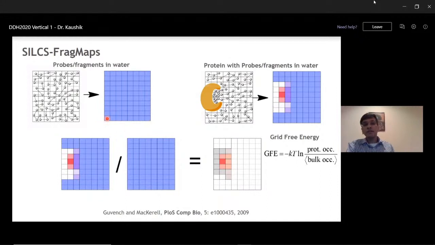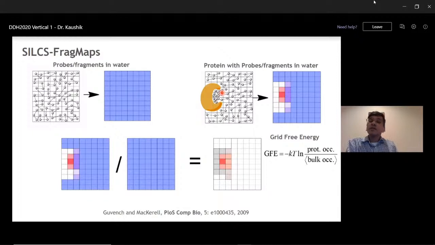Now that's primarily the effect of equilibrium. You take a given concentration of methanol and you run your simulation long enough and you count the number of times a methanol has visited a given site in the solvent box. That count would be exactly the same no matter where you make that measurement. Now bring in the protein of interest.